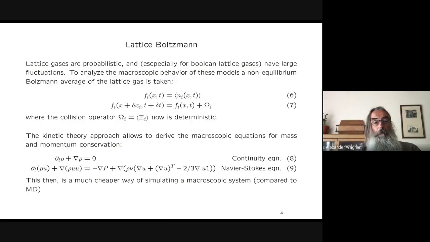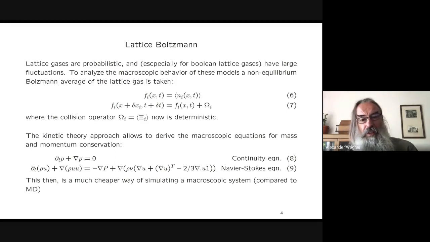Now, you can think of lattice Boltzmann as nothing but the non-equilibrium statistical average of a lattice gas. And Sauer gave a nice introduction to that earlier in his talk. If you do this, now suddenly the Ni's were integers in this case, the Fi's become real numbers, and the collision operator, which was derived from this probabilistic operator Xi, now becomes a deterministic operator.